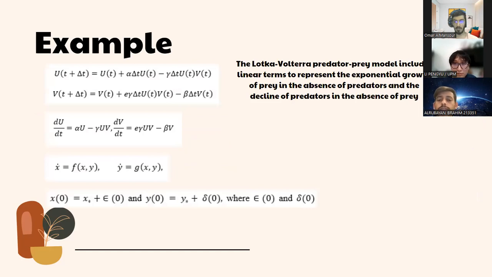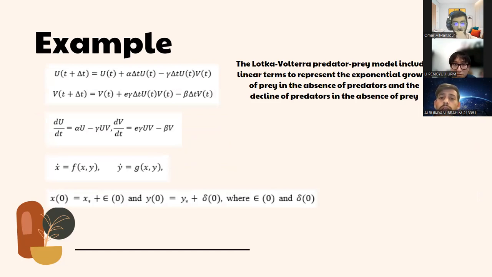So as you can see in the first example, the Lotka-Volterra predator-prey model includes linear terms that represent the exponential growth of prey in the absence of predators and the decline of predators in the absence of prey.